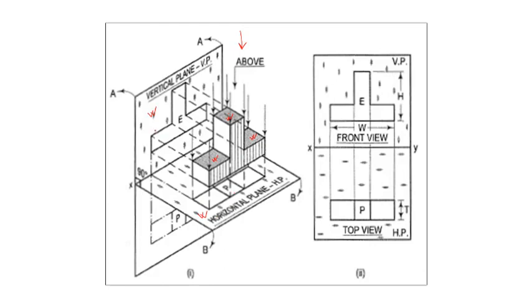Now this plane and this plane, they can rotate, you can say. First, we can rotate the vertical plane in this direction, or we can rotate the horizontal plane in this direction.